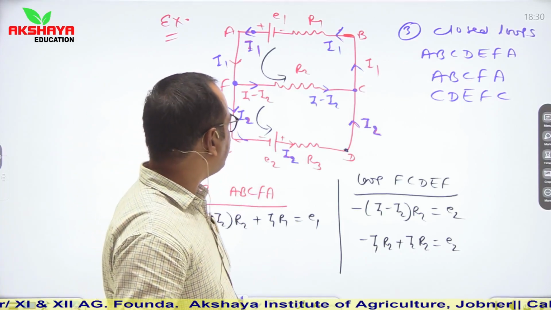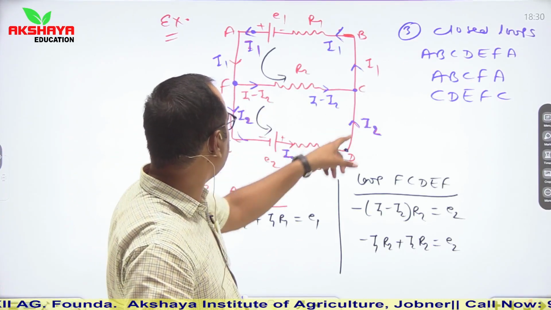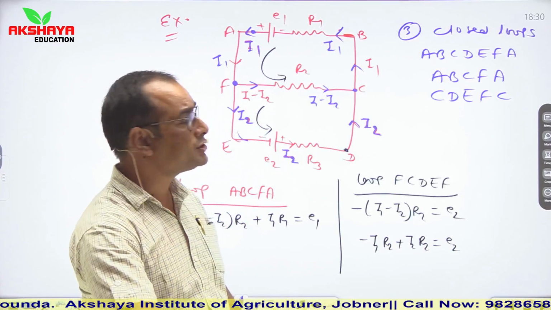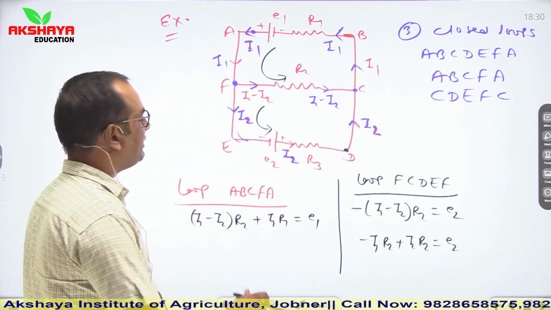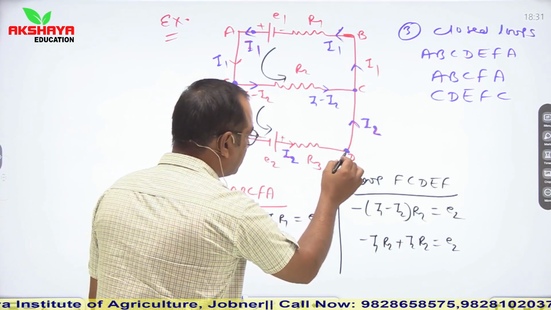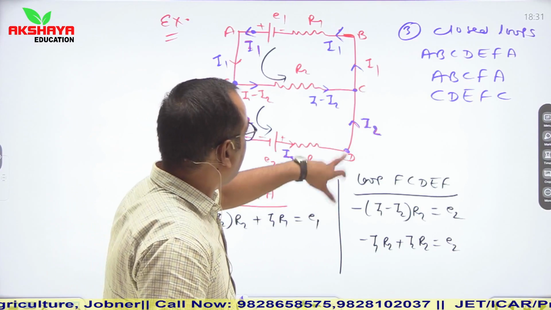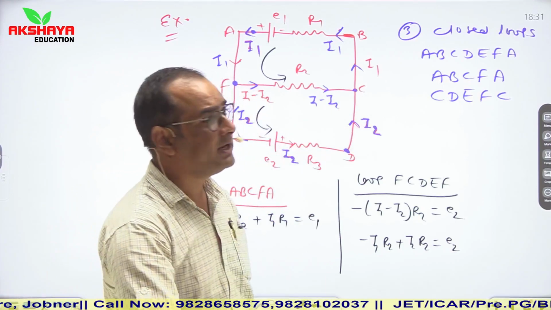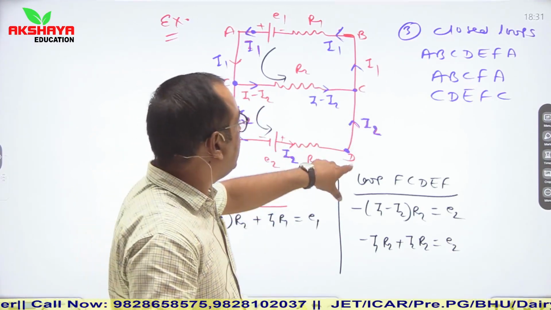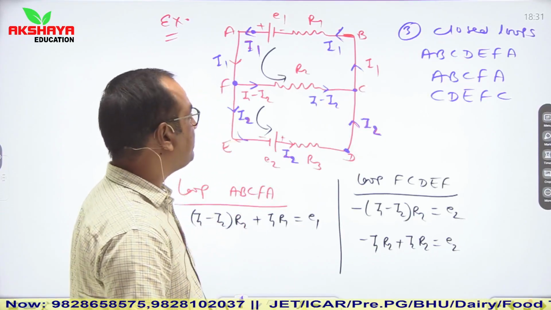Now if we talk about the next loop, F, C, D, E, F, in this loop also let us say I am traveling from this point D. When we travel from D to C, no electric appliance is connected across it.